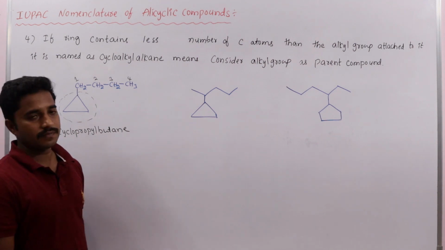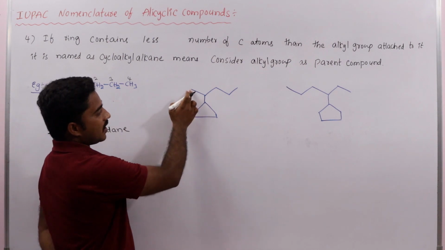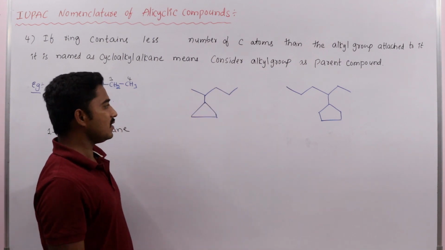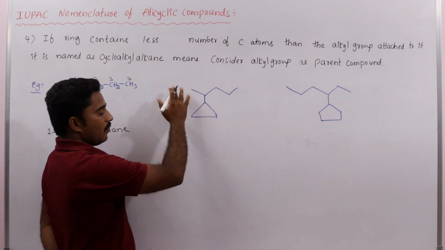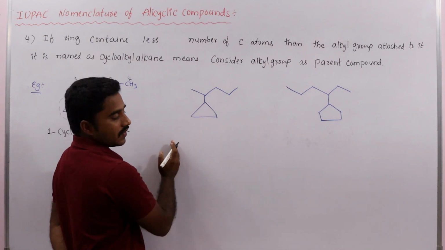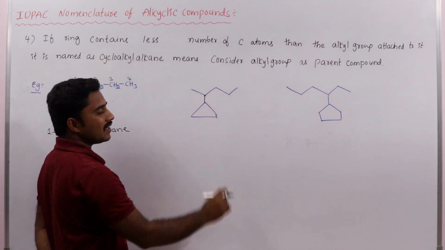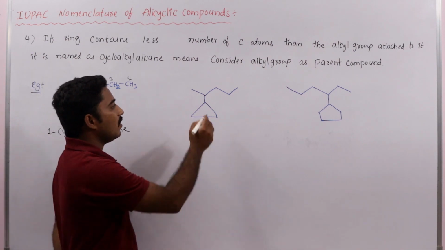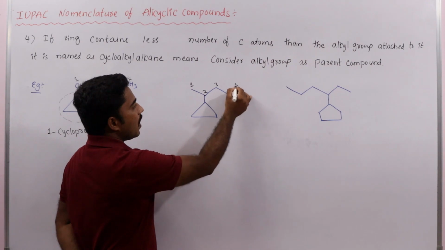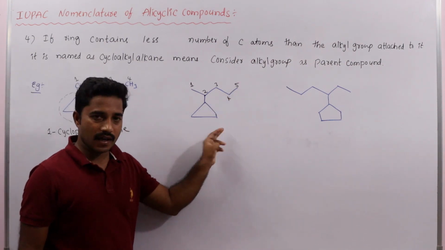So let us see this one. The ring contains 3 carbons, the side chain contains 1, 2, 3, 4, 5 carbons. In this case, from where should we start the numbering? From the left side or the right side? Always we give it from the left side because the substituent should get the least number. Here 1, 2, 3, 4 and 5. At the second position cyclopropyl is there.